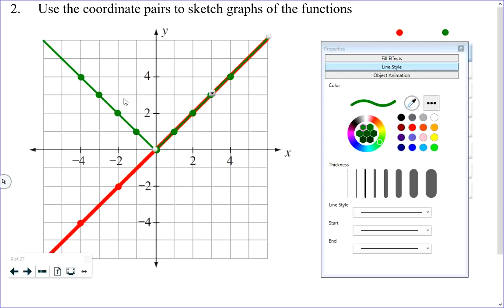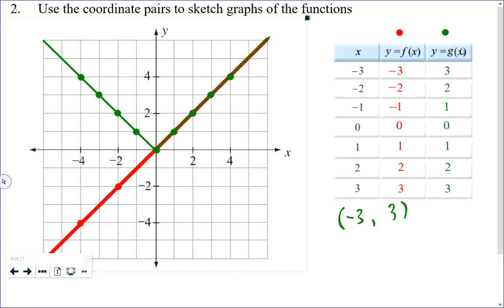This is why I made that red line thicker, because what we are looking at here for one part of this picture are two lines that are on top of each other. Now, I don't know how you're going to communicate that when you draw this, but take a minute if you haven't drawn it already and sketch the absolute value function.